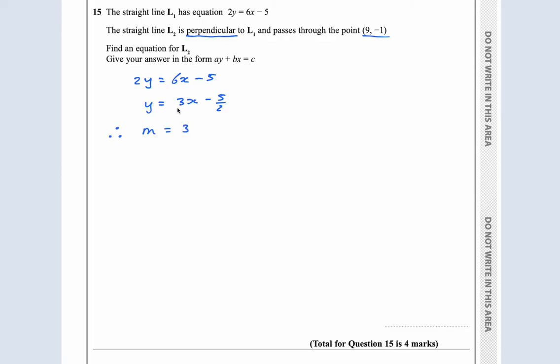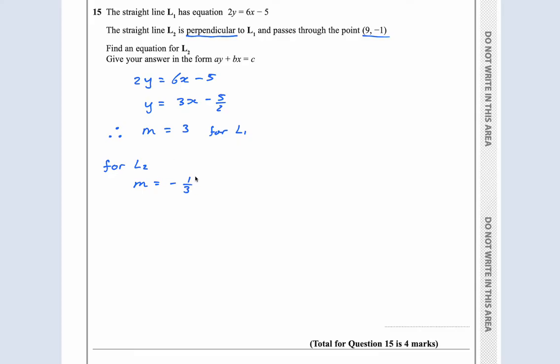The gradient is 3 for L1. For L2, m equals, it's perpendicular, so if I have the gradient, the perpendicular gradient is the negative reciprocal.